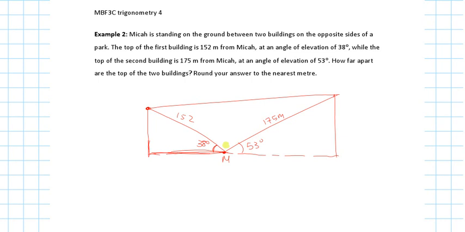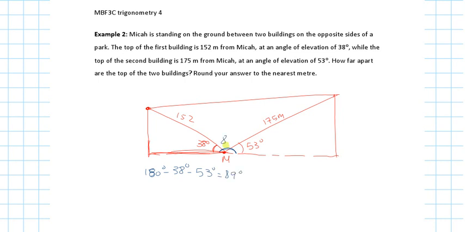I know 53 and 38, so I can find that middle angle. 180 minus 38 minus 53, what do I get? 89. And that's going to be this angle right here.